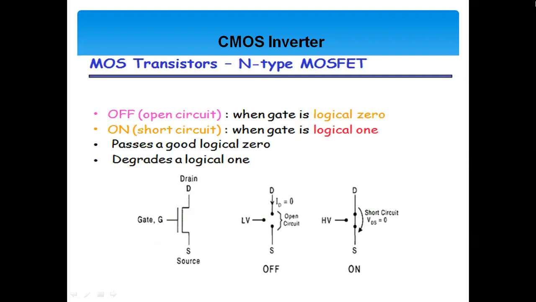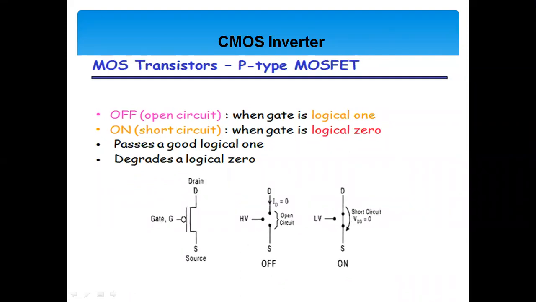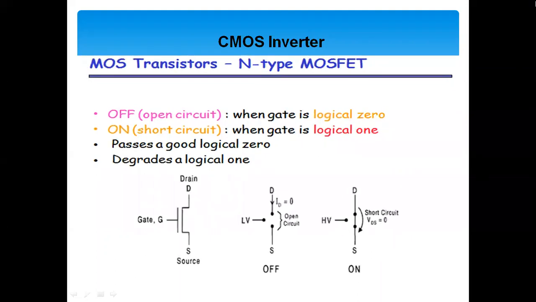Now, when you study the NMOS and PMOS carefully, there is one very fantastic observation for the NMOS. When you apply a certain gate voltage, that means this high voltage, it will get short circuited, and it will pass the input towards the output.